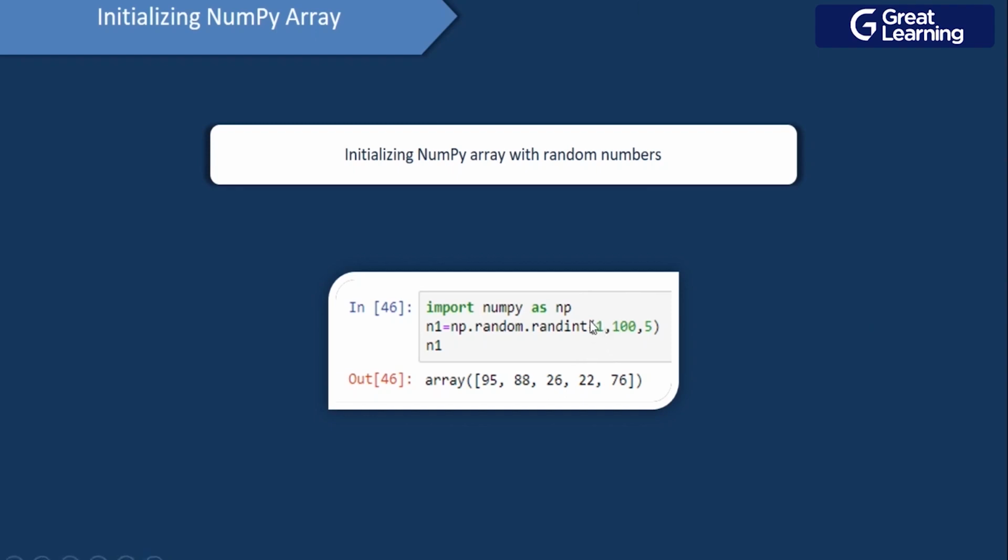So we would want the random numbers in this range of 1 to 100. And this third parameter would tell the Python interpreter how many random numbers we need. So in the range of 1 to 100, we would need 5 random numbers. And as you guys see, this is the result which you get over here. So we have 95, 88, 26, 22 and 76, which are 5 random numbers generated between the range of 1 and 100.